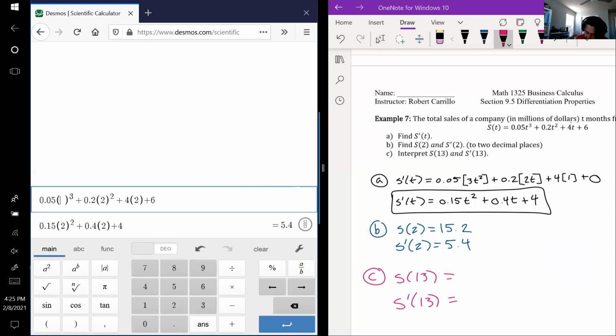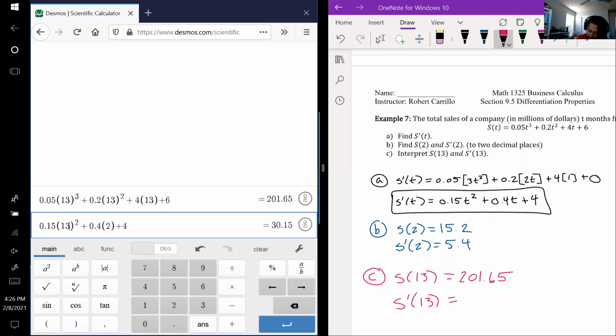So let's go up here and say 13, 13, 13, and I get 201.65. And then here the same, 13, 13. And I get 34.55. Okay. So when using your calculator, just be careful how you're typing everything in.